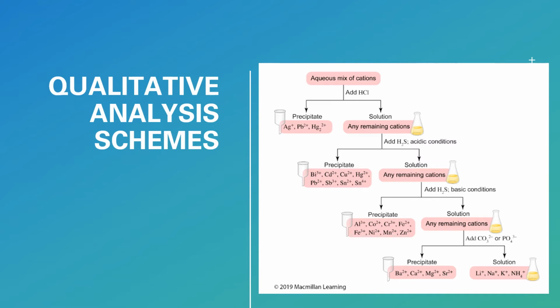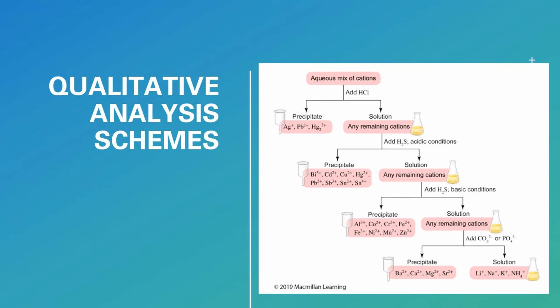So you start up at the top with that mixture of cations, and you add a source of chloride ion, such as HCl. Now the H does some things too because precipitation is a little different at low pHs versus high pHs, so generally this scheme will work best to start off at low pHs.